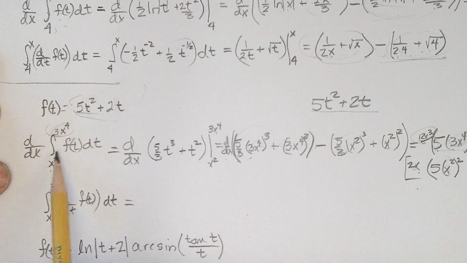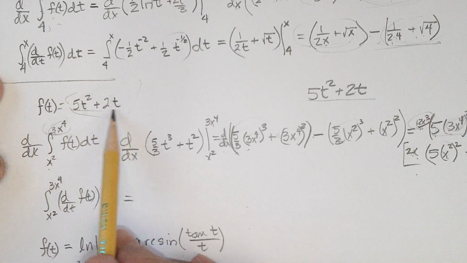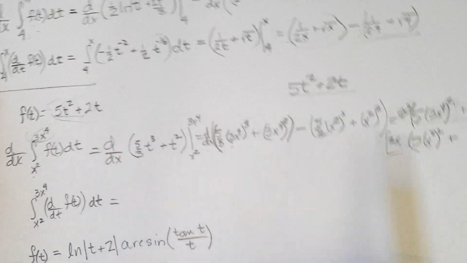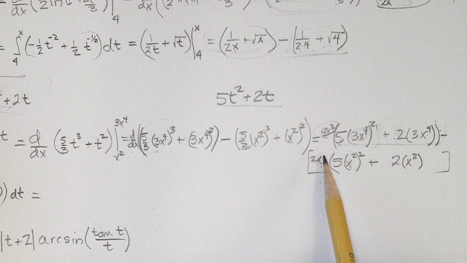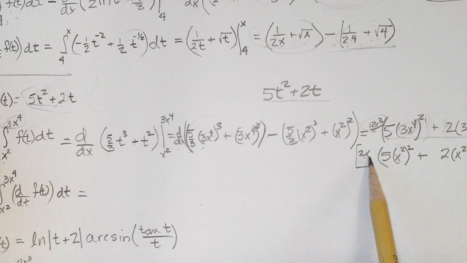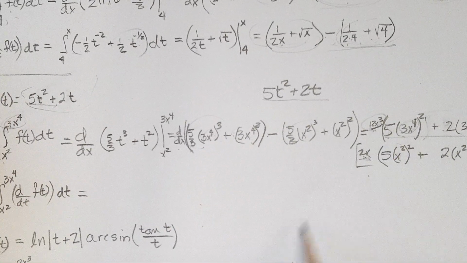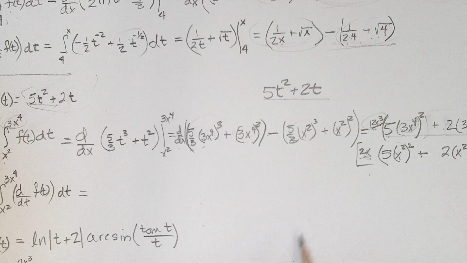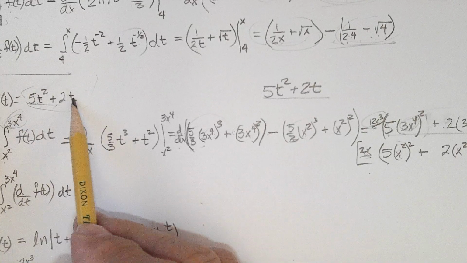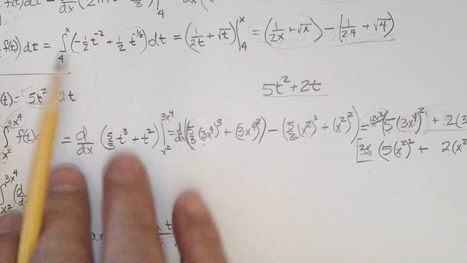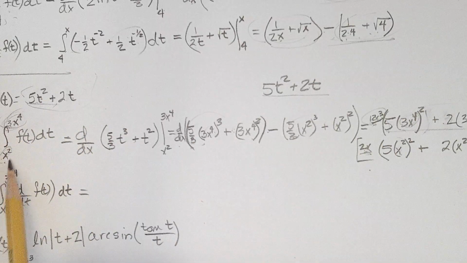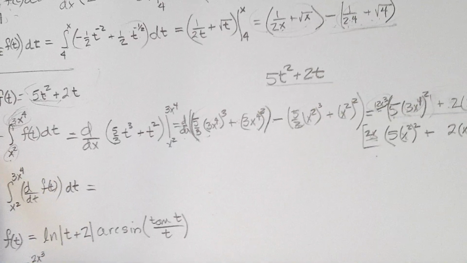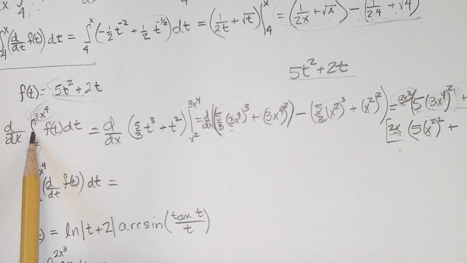And for this part, when I put that in and subtract it, I get x squareds in it, like I did, but also times the derivative of that because of the chain rule. So all I do is put this in for the t's and then put this in for the t's and subtract that from the other one, but multiply by the derivative of this. That's when the derivative comes after I integrate.